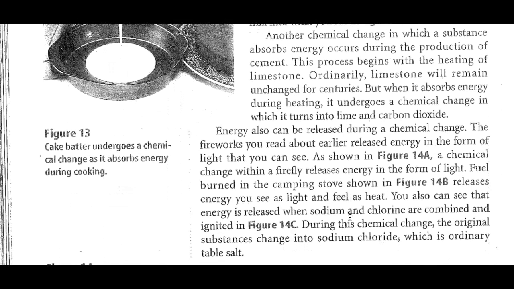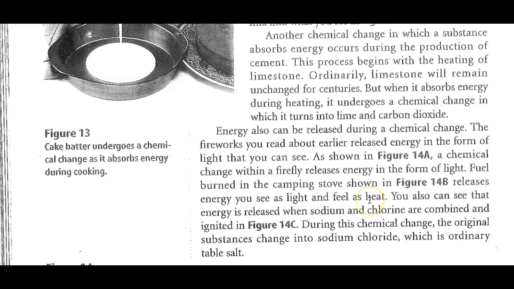Energy also can be released during a chemical change. The fireworks you read about earlier released energy in the form of light that you can see. As shown in Figure 14a, a chemical change within a firefly releases energy in the form of light. Fuel burned in the camping stove, shown in Figure 14b, releases energy you see as light and feel as heat. You also see that energy is released when sodium and chlorine are combined and ignited in Figure 14c.